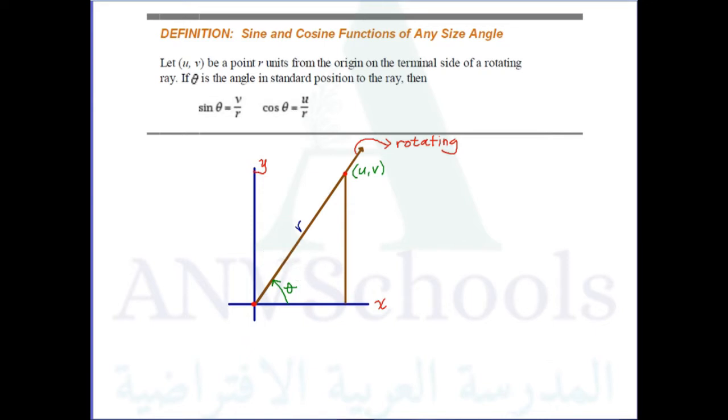Next, if theta is the angle in standard position to the ray, then sine theta is equal to v over r. So if this is our u, then we could also take this as our u. Am I correct? This is actually our u, right? And this is our v. Am I correct?